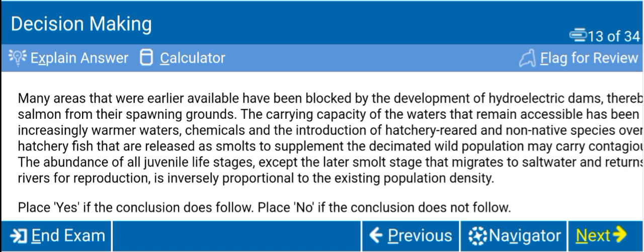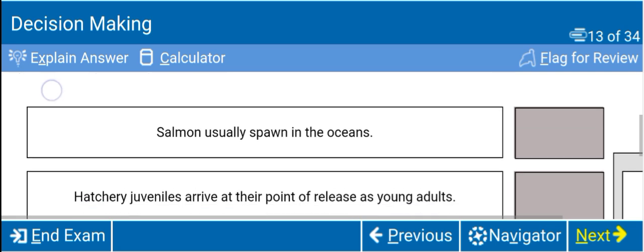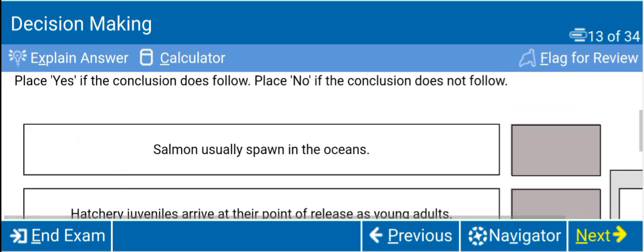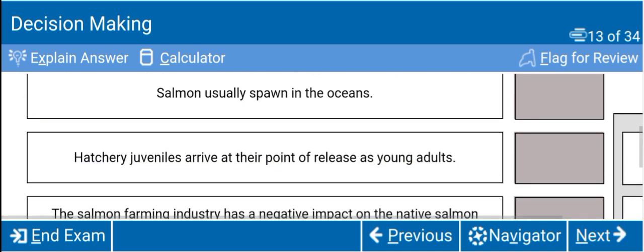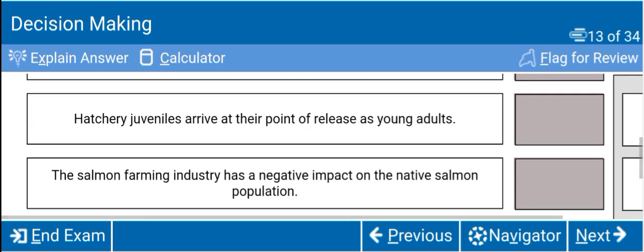So place yes if the conclusion does follow, and place no if the conclusion does not follow. So here we have our first conclusion, which says salmon usually spawn in the oceans. Second, hatchery juveniles arrive at the point of release as young adults. Third, the salmon farming industry has a negative impact on the native salmon population.